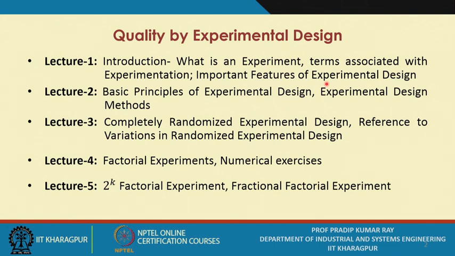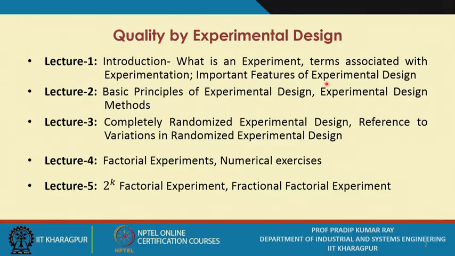In lecture 3, a specific design called completely randomized experimental design we will discuss in detail, and after we discuss this particular design, we will be referring to the variations in this randomized experimental design. So you also must know in how many different forms the randomized experimental design may be opted for.